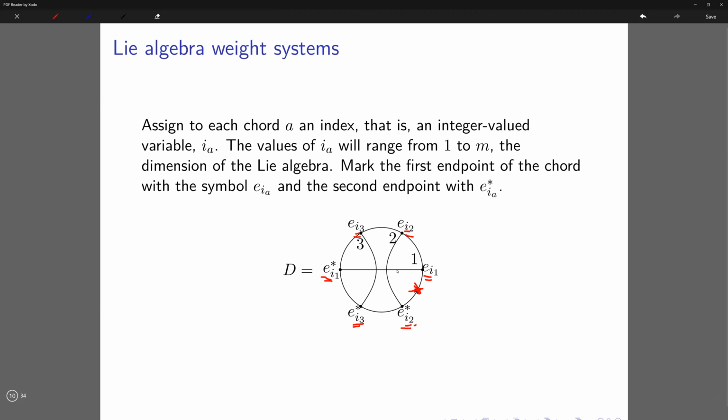For each chord there are two endpoints. The first endpoint I meet in this orientation, I label I1. I1 is the index, and I run over all possible indices, I_a for the arbitrary case.